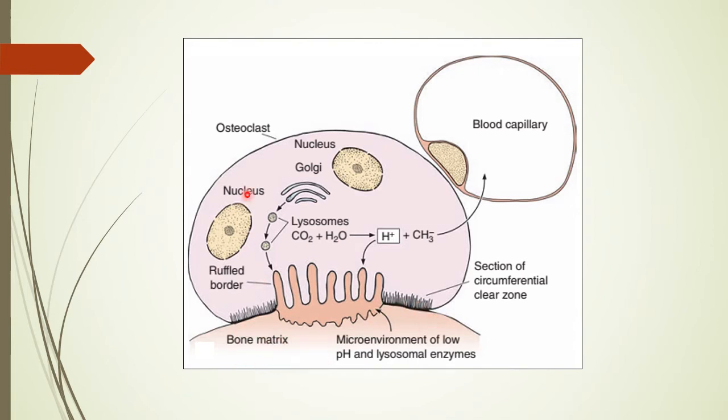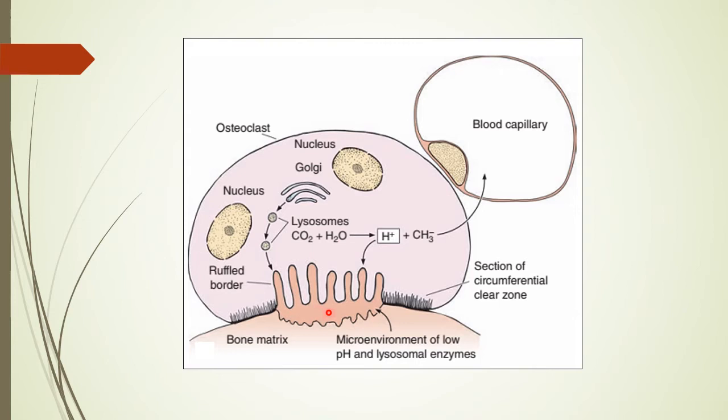Between the bone matrix and the osteoclast there is this zone. This zone is called the circumferential adhesion zone. Okay, between the bone matrix and the ruffled border of the osteoclast is a microenvironment. It is a small space in which bone resorption occurs.